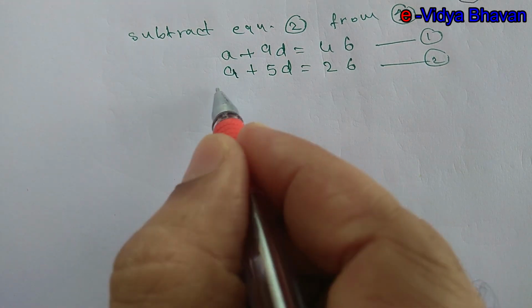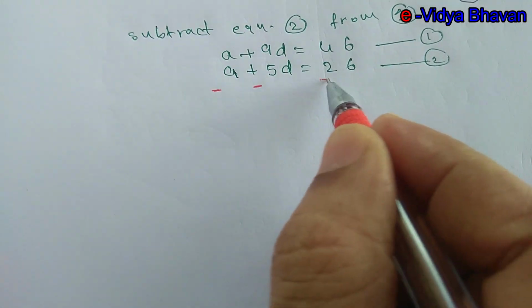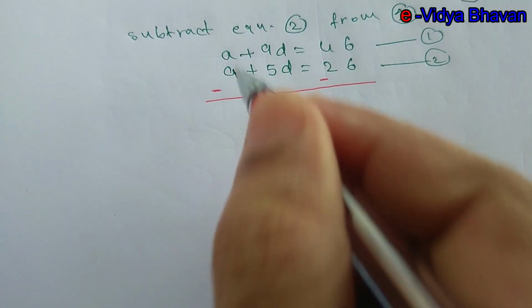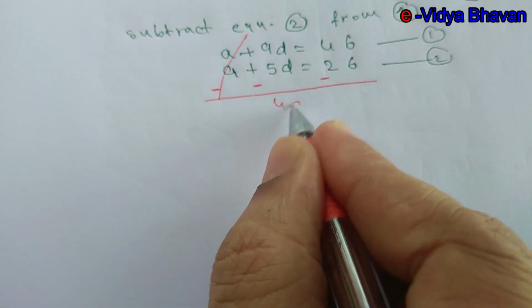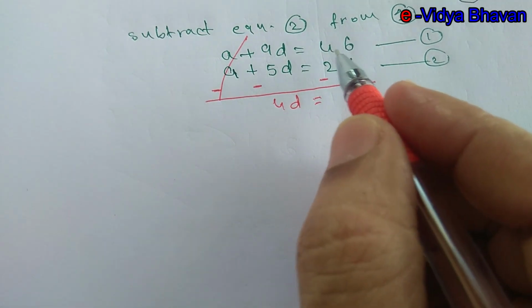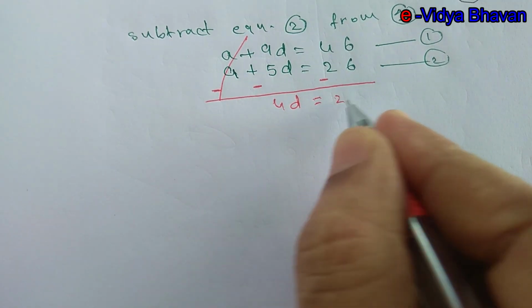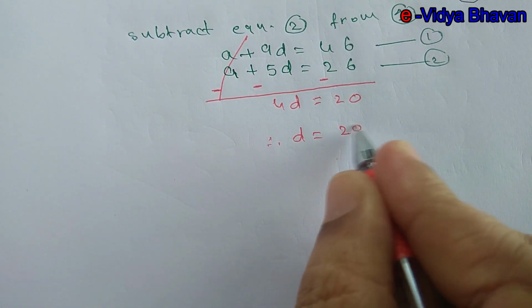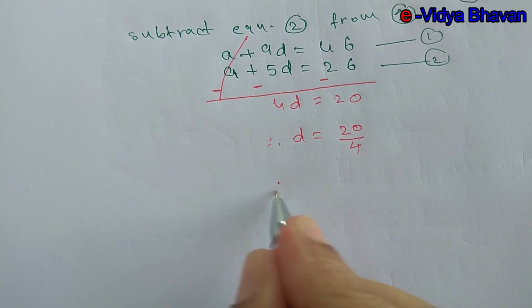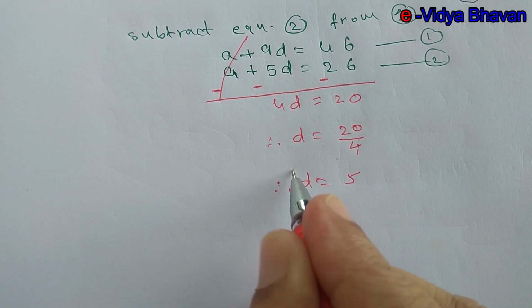We'd like to subtract. 9d minus 5d will give 4d. 46 minus 26 will be giving 20. Therefore, d will be 20 upon 4. Therefore, d will be 5.